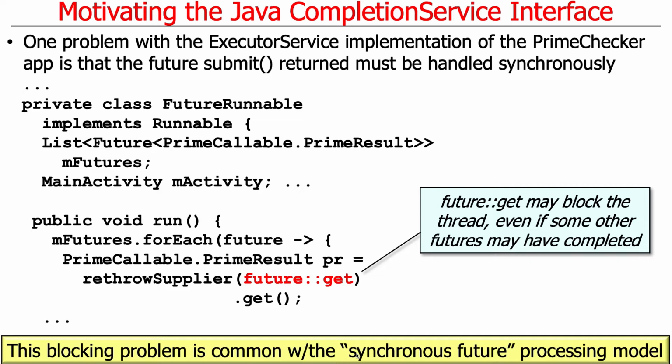And that was problematic because the order in which the operations complete, since they're running asynchronously, may or may not have anything to do with the order in which we have to synchronously wait for them to complete.